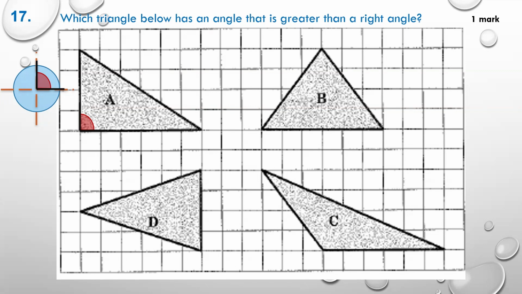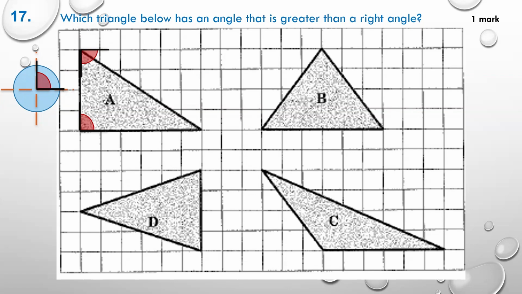Let's look at the question up above. Which triangle below has an angle that is greater than a 90 degree? So this corner is not greater than. So this doesn't work. What about up on top? If we take that and we turn it, our angle up there is less than 90. Remember, an angle is basically how far one arm turns onto the other.